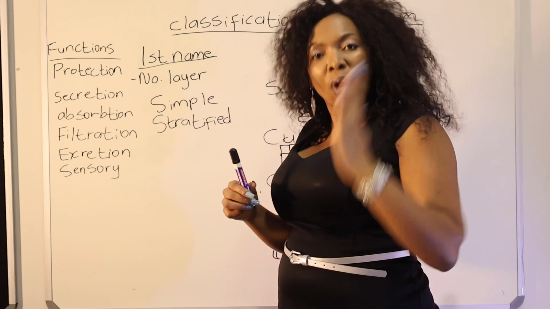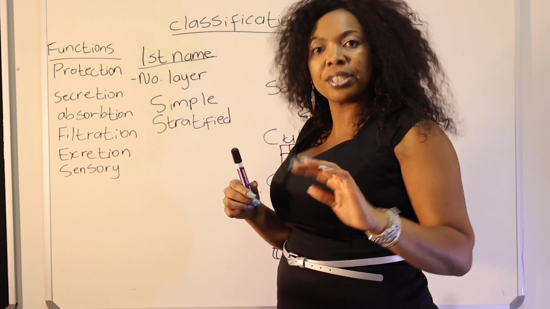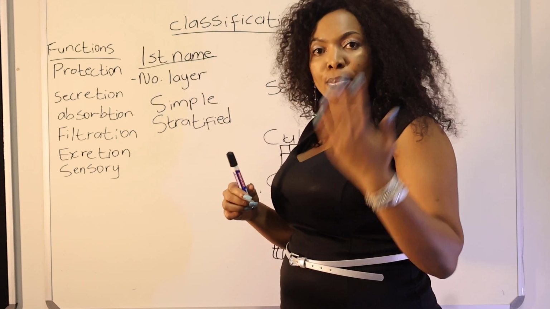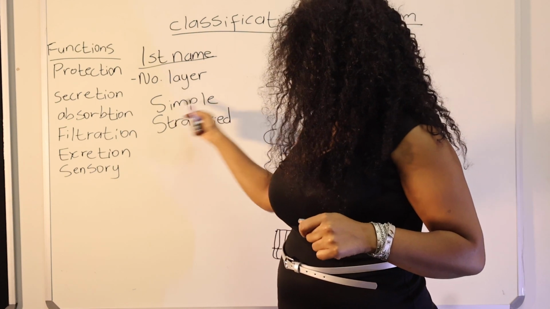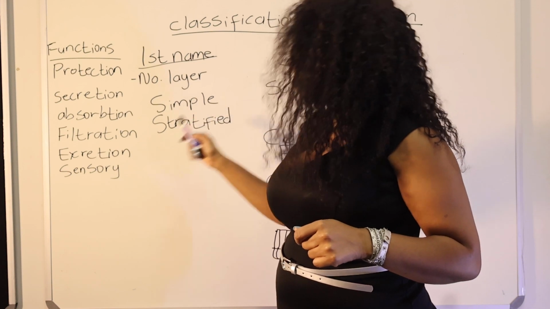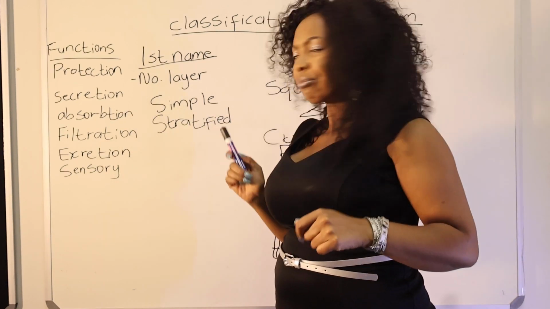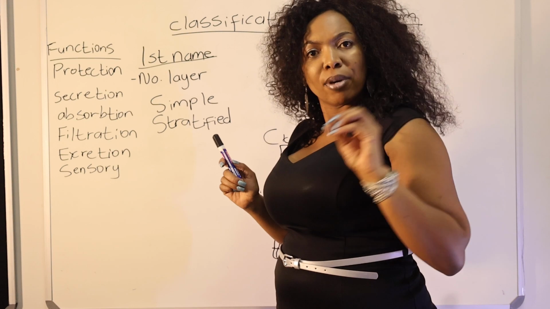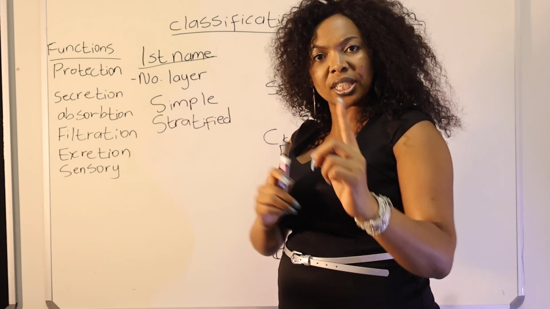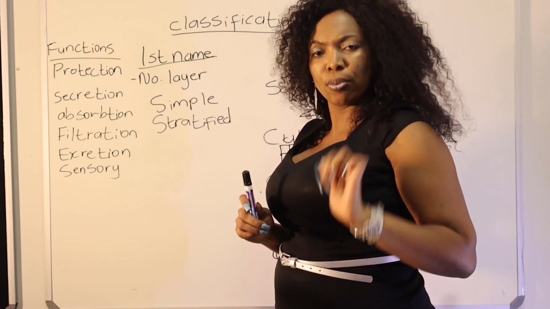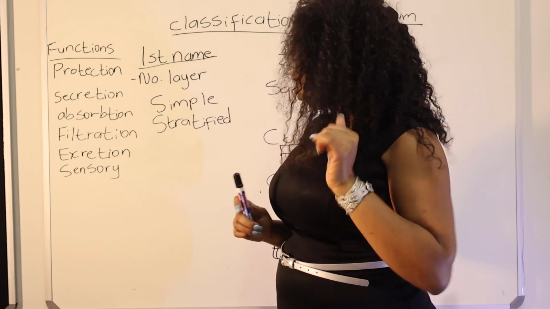But as for where the gaseous exchange takes place, we want it to be as simple as possible. Hence, we want a simple epithelium. And the filtration in the kidney, at the glomerulus, where the filtration takes place, just simple epithelium will do.